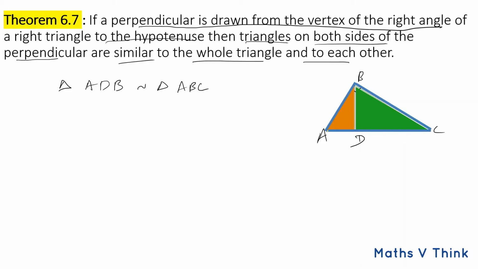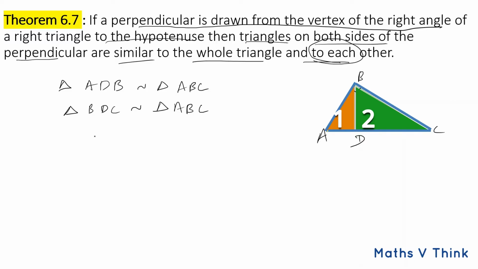You can see this is the first triangle and this is the second triangle. So this first triangle is similar to the whole triangle ABC. Same way, second triangle, that is triangle BDC, is similar to triangle ABC.